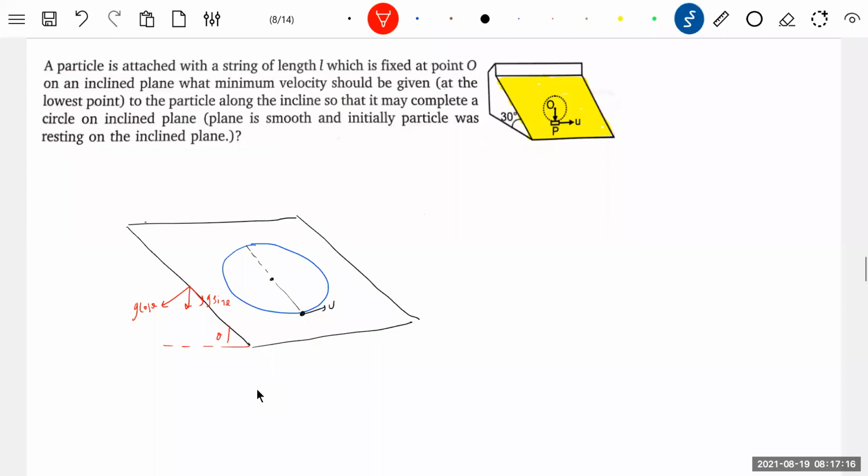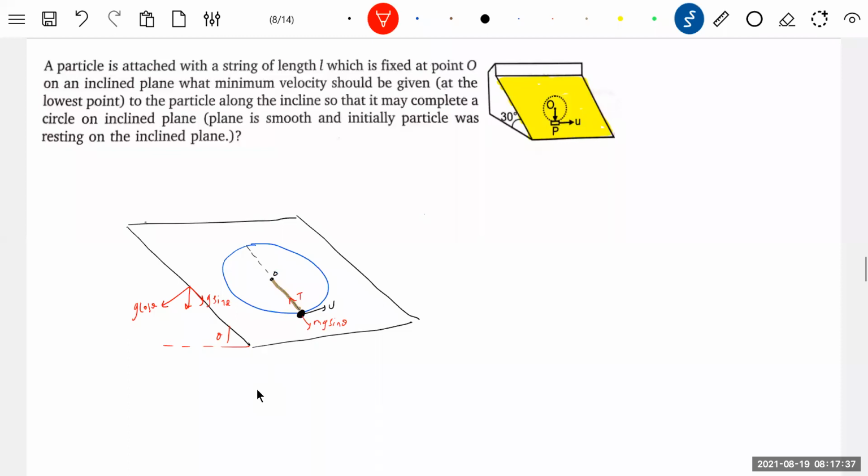So here I think if you make a careful observation, there's a bob and there's a string, and O is the point of suspension. Take it like this. Here what are the forces that will be acting? mg sin 30, the tension.